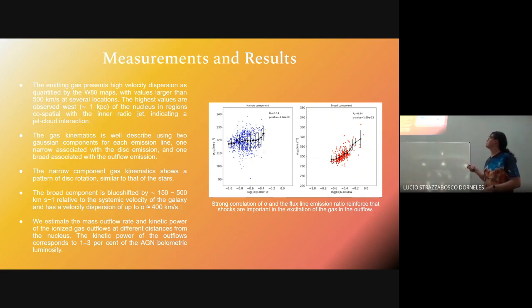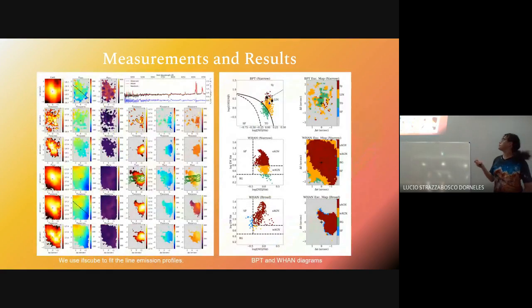The narrow component is describing well the rotating disk pattern. The broad component is blue-shifted by 150 to 500 kilometers per second. This blue-shifted broad component is what I was talking about, this map here.